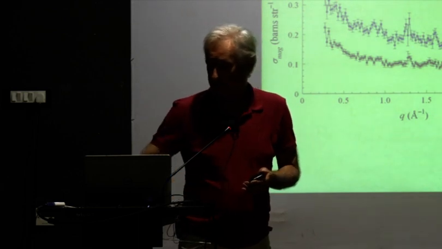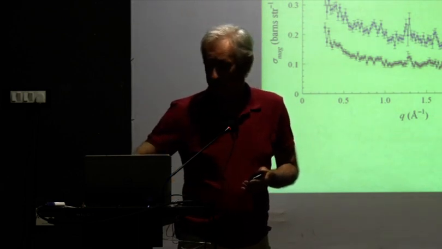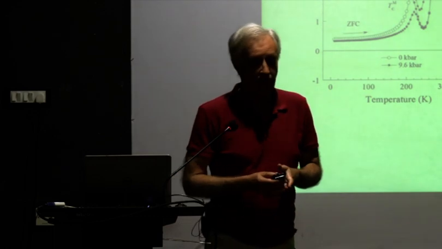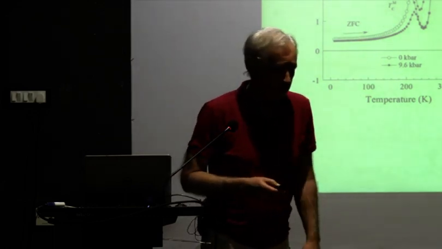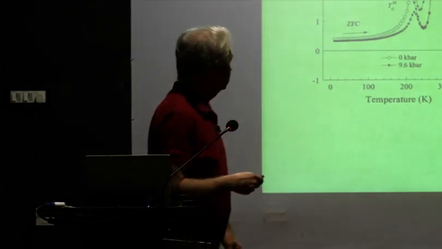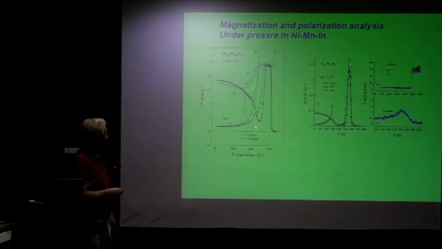So now, another case is the case of nickel manganese indium. In nickel manganese indium, the indium atom is large. And we found that doing such experiments, sitting at these temperatures, is a little bit more difficult.